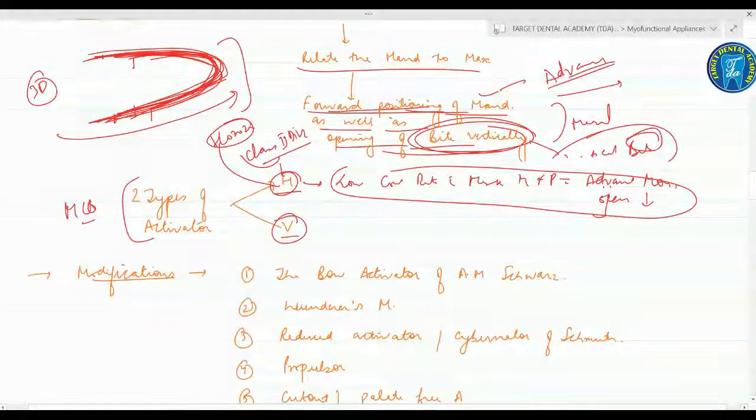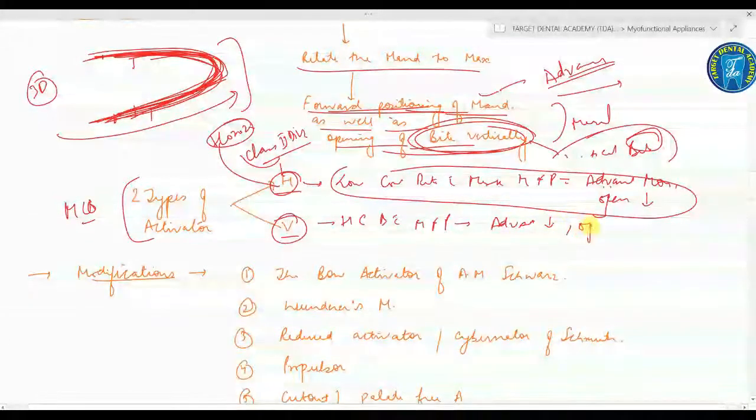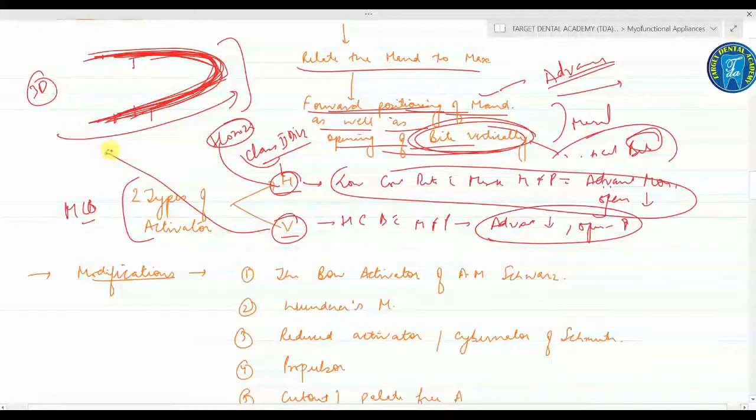Fine. In the V type of activator, it is a high construction bite with a slight mandibular forward positioning. In this, the advancement is less and vertical opening is more. So it is indicated in class 2 division 1 having a vertical growing pattern.